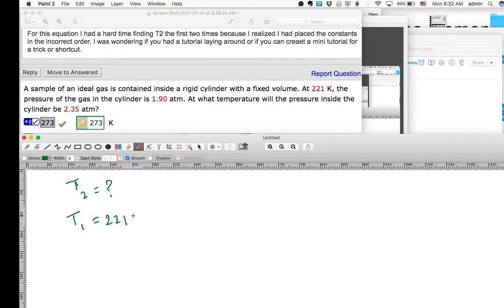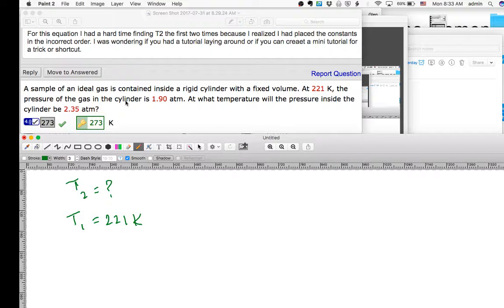Is it always the case that the future tense indicates the T2 or the P2 or the V2? No, that's not always the case. You just have to figure out from the English which temperature, pressure, or volume happened after, or is going to happen in the future. Those things are the T2 or the V2 or the P2.